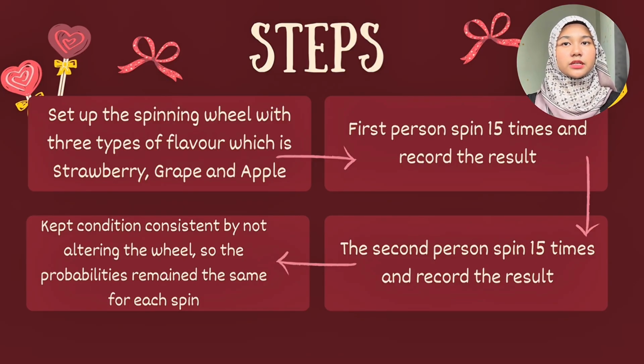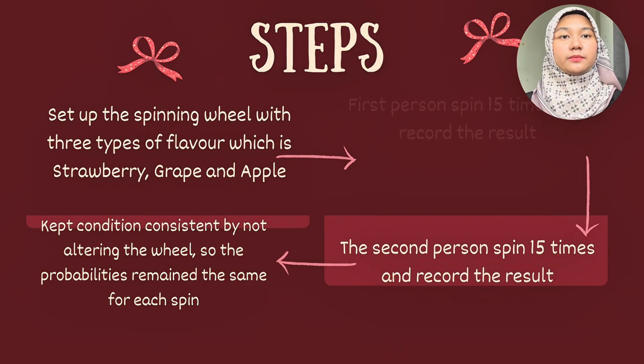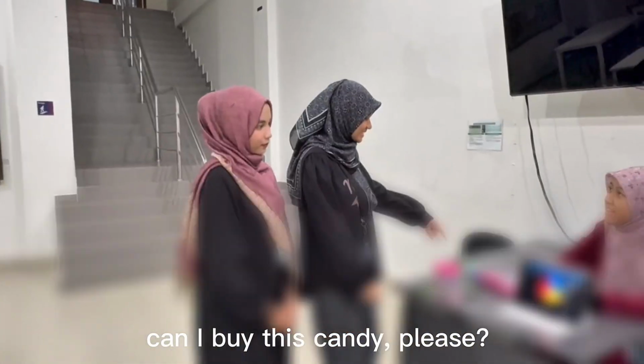Second, the first person spins 15 times and records the result. Third, the second person spins 15 times and records the result. Last but not least, keep conditions consistent by not altering the wheel, so the probabilities remain the same for each spin.